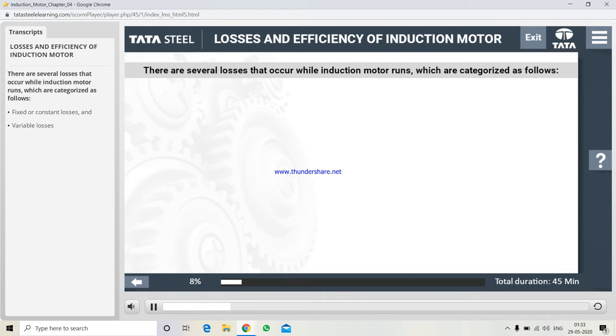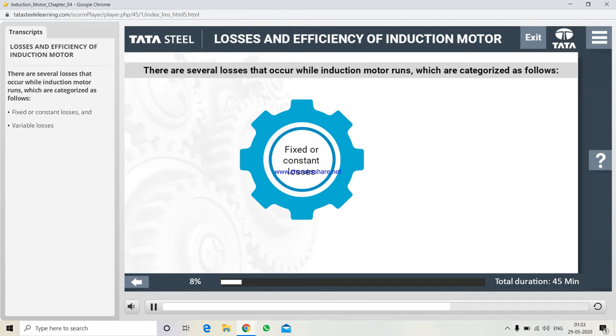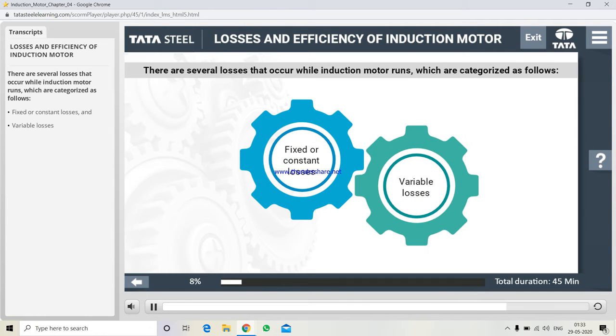There are several losses that occur while an induction motor runs, which are categorized as follows: fixed or constant losses and variable losses. Click each to know more.